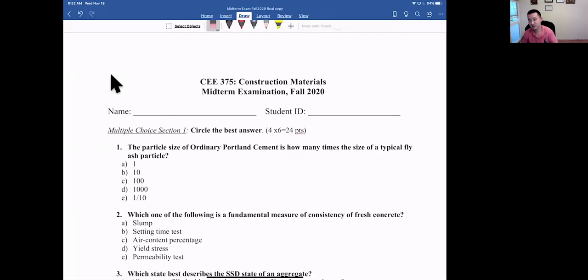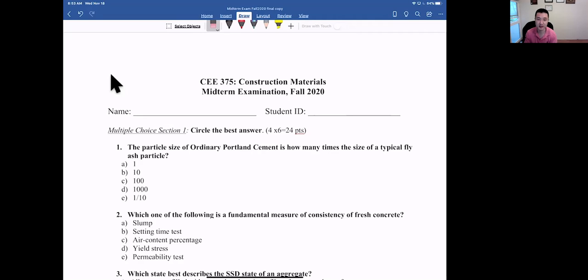The second question is, which one of the following is fundamental measurement of consistency of fresh concrete? So consistency is defined as how easy the concrete can flow, and the measurement for consistency is the slump test.